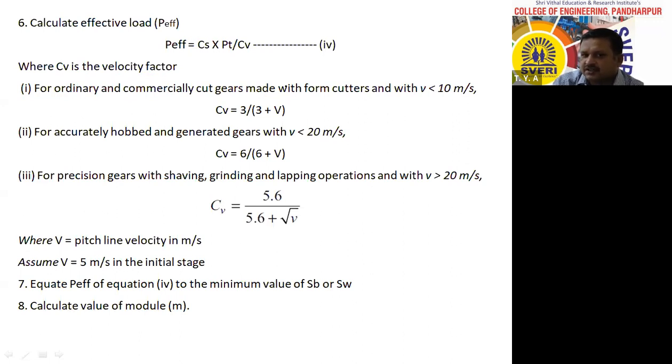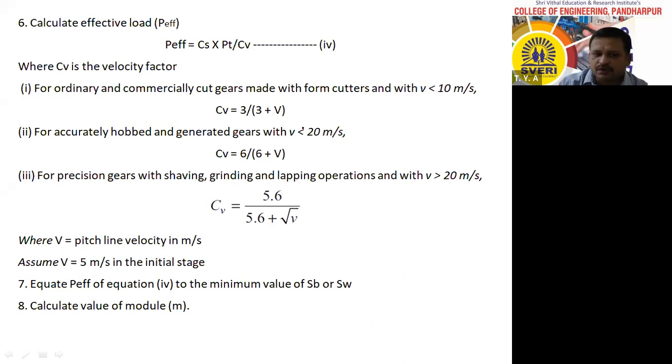For commercially cut gears made with form cutters and V less than 10 meter per second, CV is equal to 3 divided by 3 plus V. For accurately hobbed and generated gears with V less than 20 meter per second, CV is equal to 6 divided by 6 plus V. Third, for precision gears with shaving, grinding and lapping operations, where V is greater than 20 meter per second, CV is equal to 5.6 divided by 5.6 plus root V.